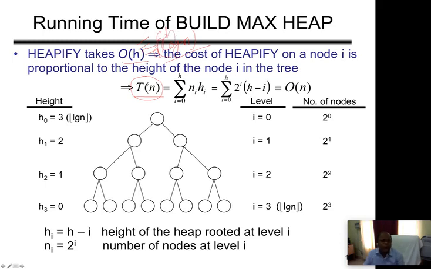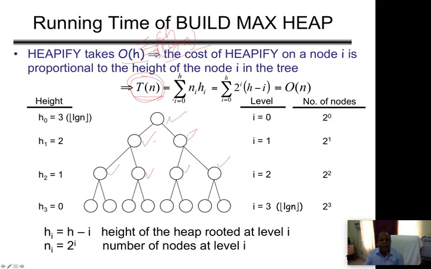Now, if the time complexity of build max heap is T(n), then we build the max heap from all these nodes. What happens? We have the heapify algorithm, so we have to take that into consideration.